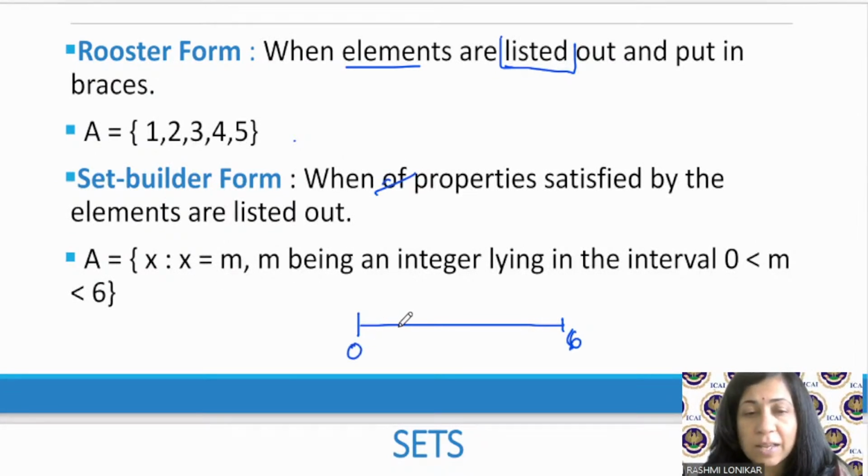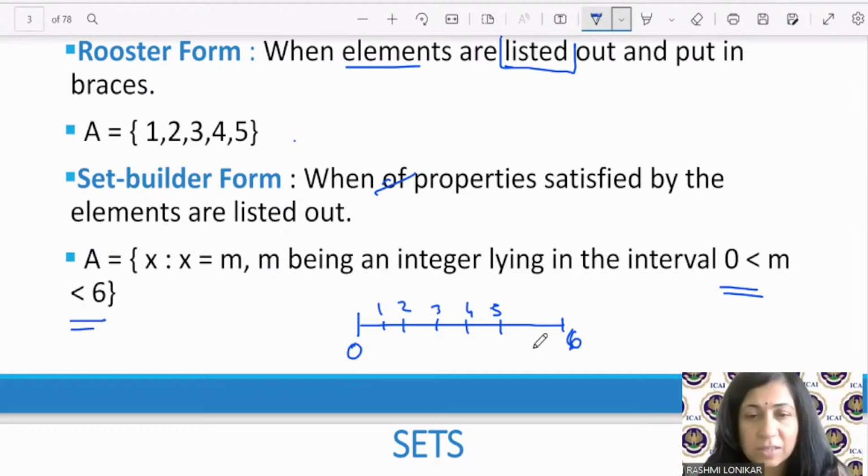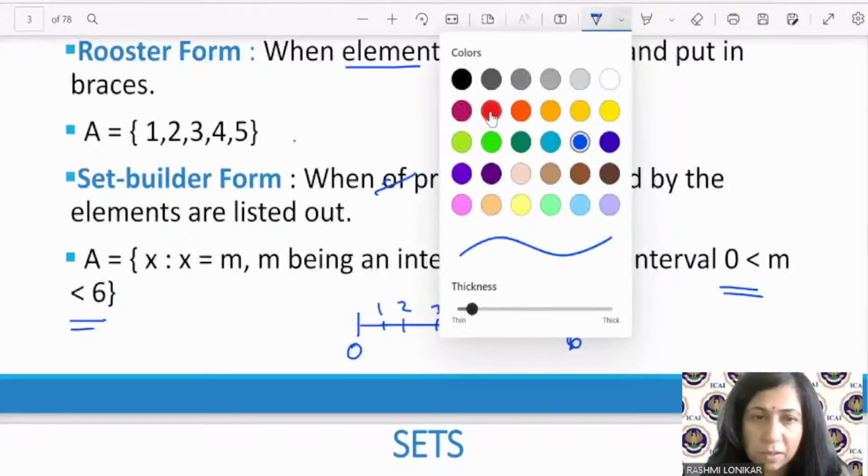So what will A contain? A will contain 1, 2, 3, 4, 5. Okay, lying between, this is important. m is greater than 0, so 0 will not come, and m is less than 6, so 6 is also not there.